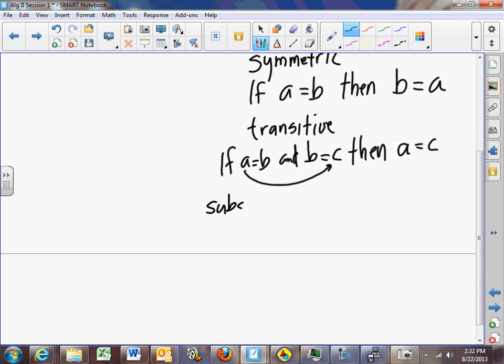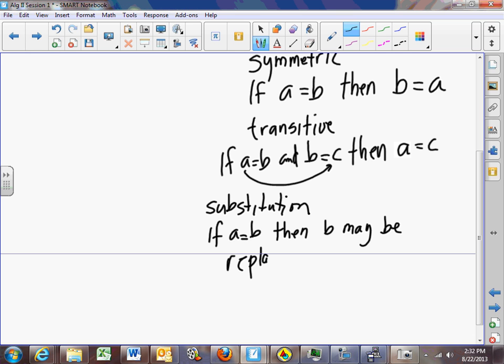The substitution principle says if A is equal to B, then B may be replaced by A anywhere B appears.